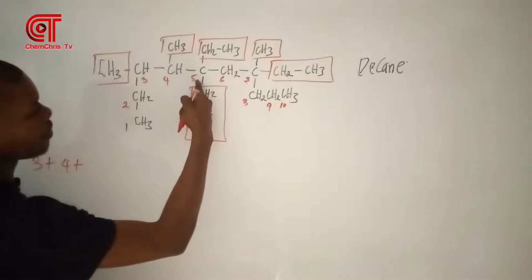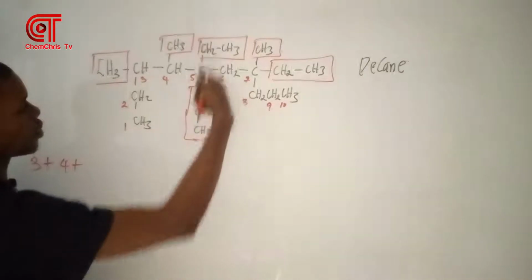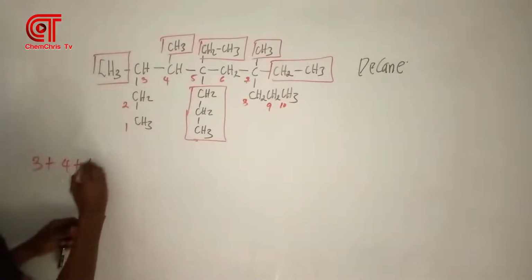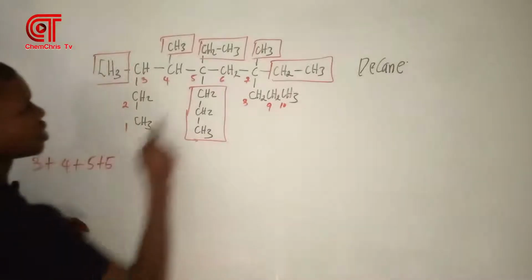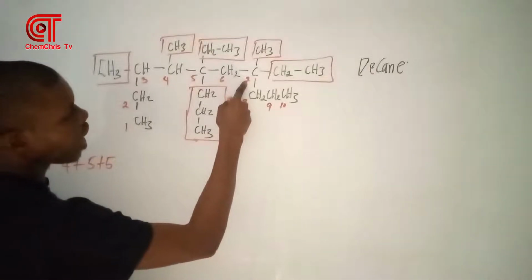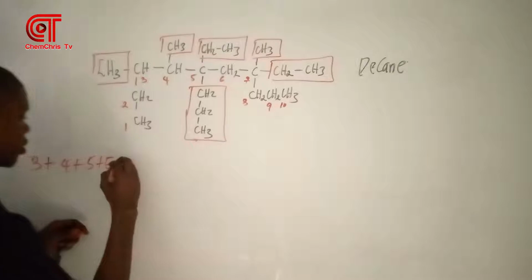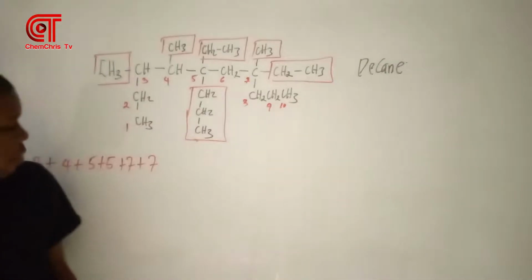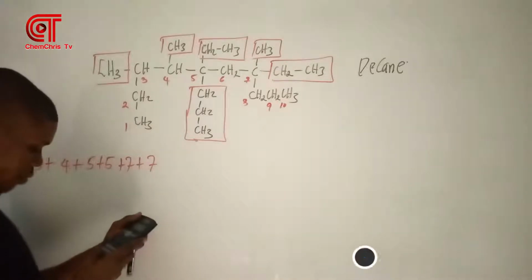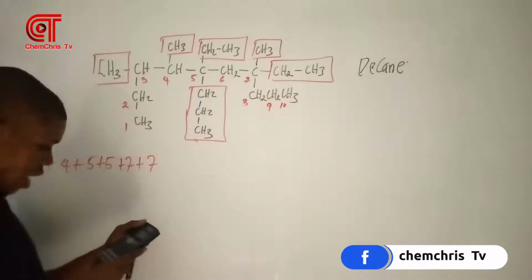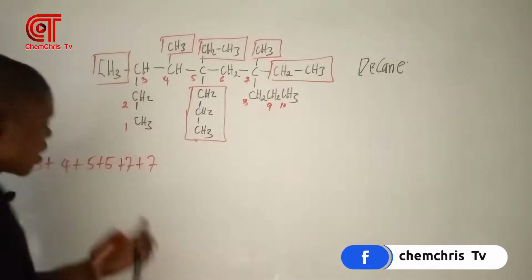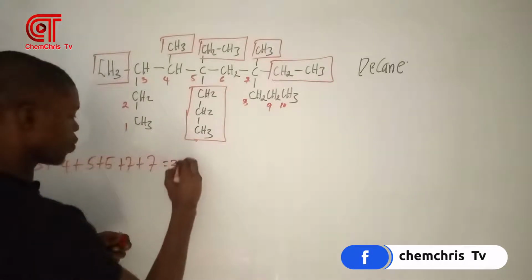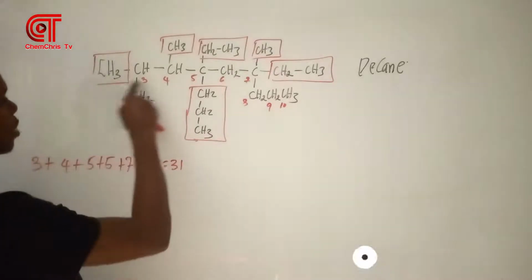I count about 5, I have 2 substituents, so it will be 5 plus 5, right? And I count about 7, I have 2 substituents, so it will be plus 7 plus 7. So if I sum them together, that gives me 31. Then when I start my numbering from here, right?